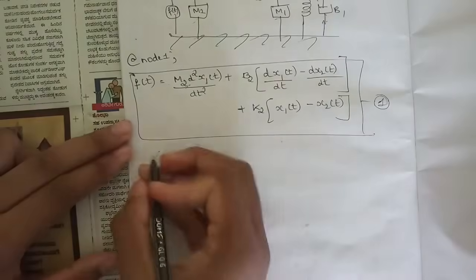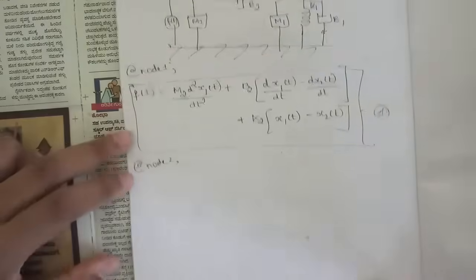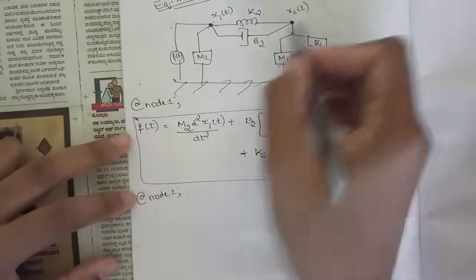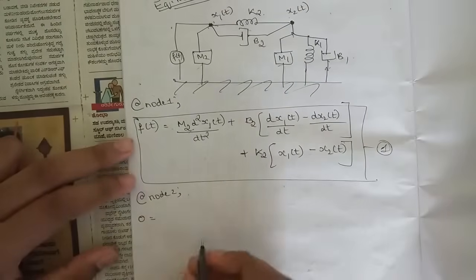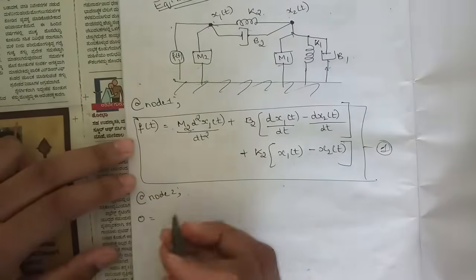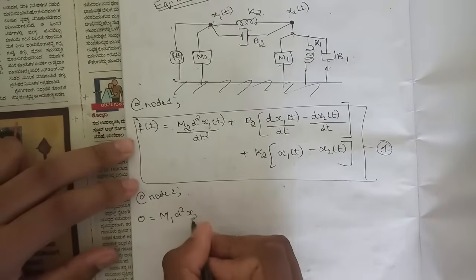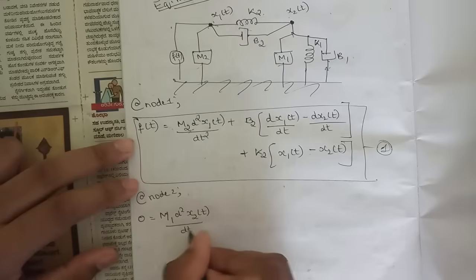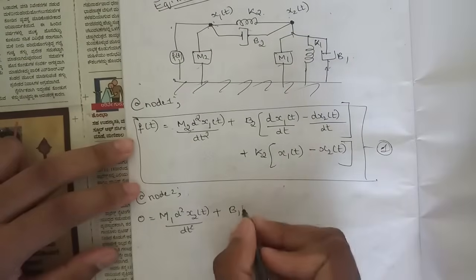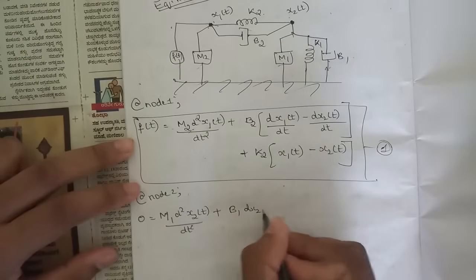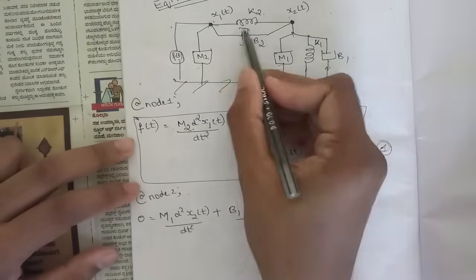Similarly at node 2, since there is no force along with x2 of t, force is equal to 0. So what are all the components we have? M1 d square x2 of t by dt square, plus b1 dx2 of t by dt, plus we also have b2.